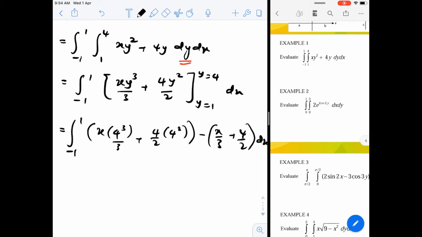Okay guys, also if we solve this, we will get from negative 1 until 1, 4 cubed is 64, so we will have 64 over 3 x plus 64 over 2 minus x over 3, and then minus plus becomes minus. 4 over 2 is 2 dx.